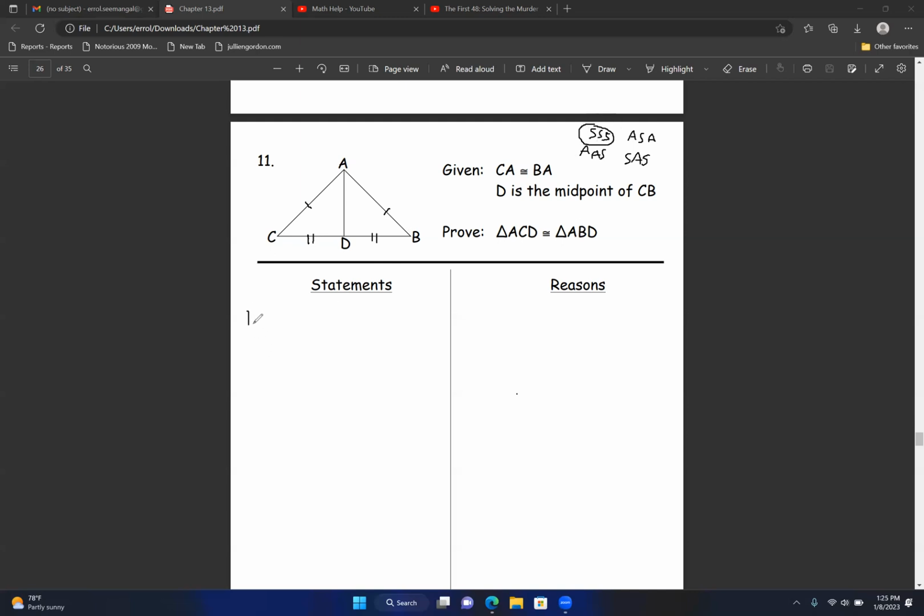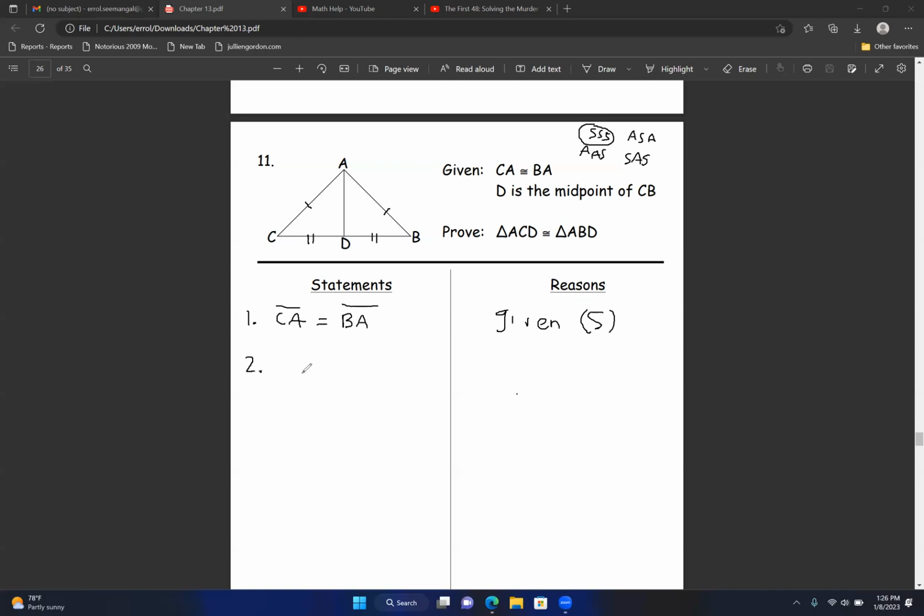Okay. What's number one? CA equals BA. Line segment CA equals line segment BA. That's given. So that's your first side. Number two, what's number two?